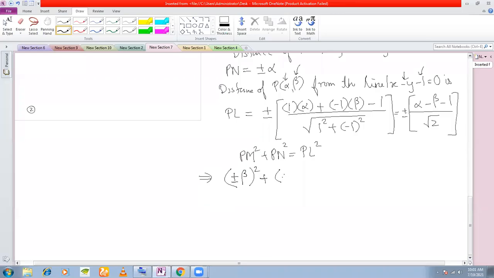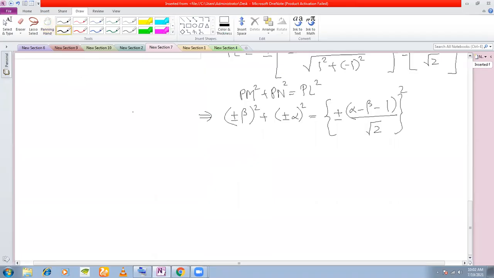PN is plus or minus alpha. PL square is plus or minus (alpha minus beta minus 1) by root 2, square. Are we getting a relation between alpha and beta here or not? Yes.